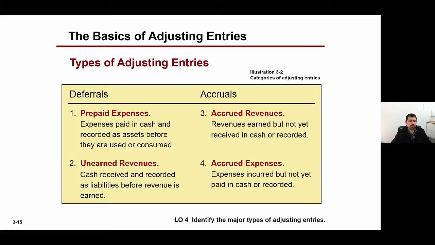Whereas with prepaid expenses, we pay in advance in return for services or products that we will be receiving in the future. Unearned revenues is where the company receives cash before they actually provide the service or make the sale. So it is actually before the event has occurred.